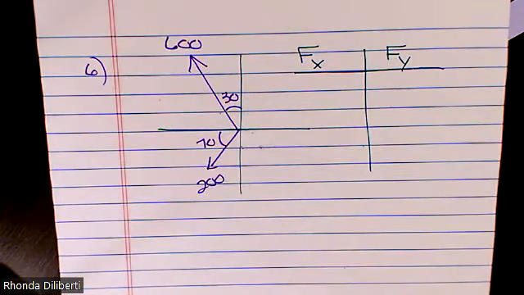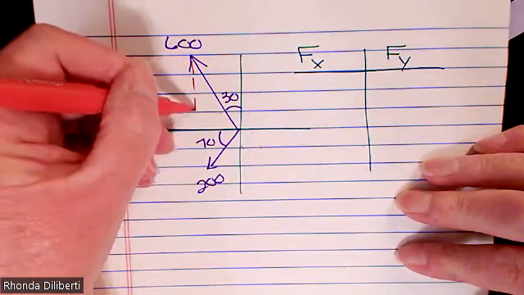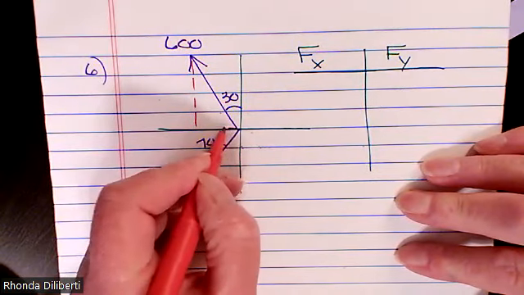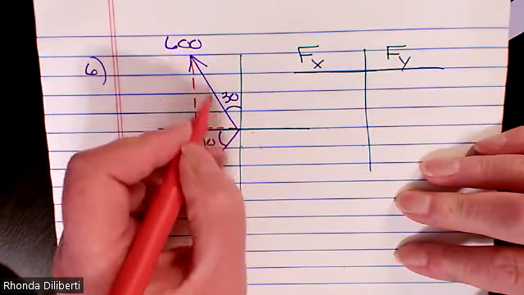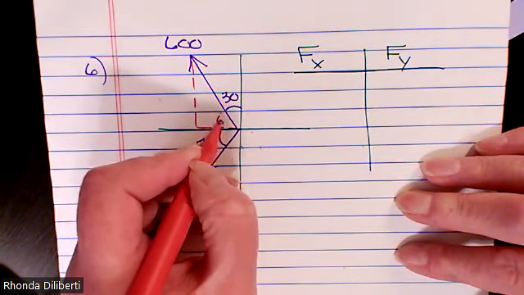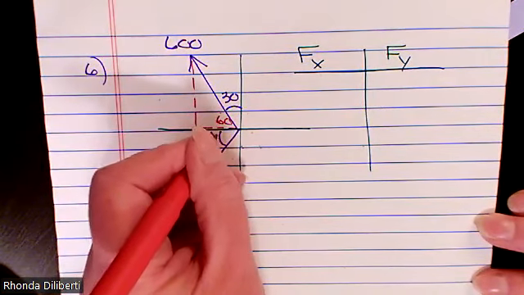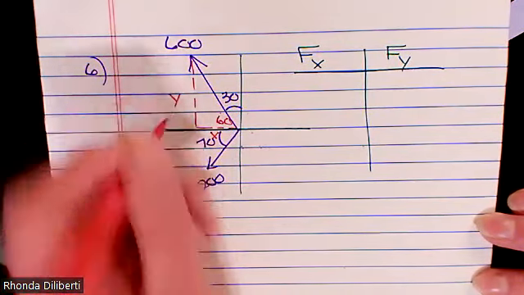And I'll start with the 600. I will do one of them and show you the trig just as a review. So I always like to use the angle that drops to the x-axis. So instead of this 30, I'm going to use this 60. And I want to know what this x piece is and what this y piece is.